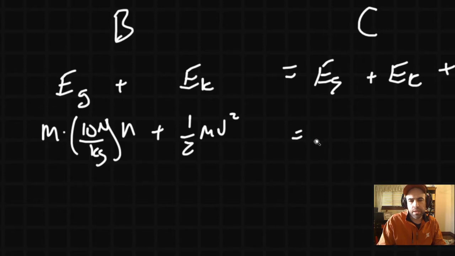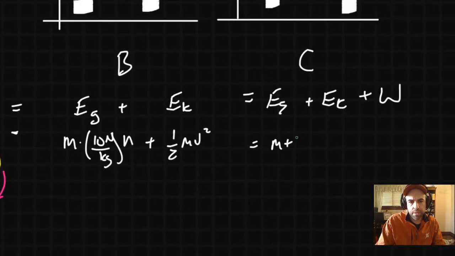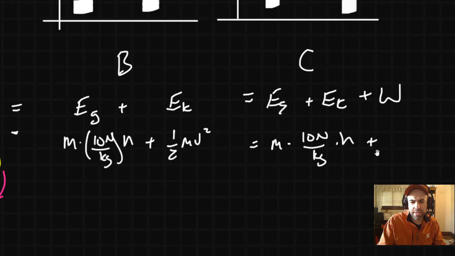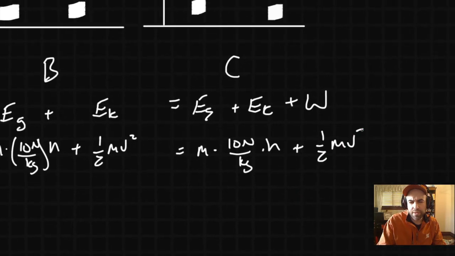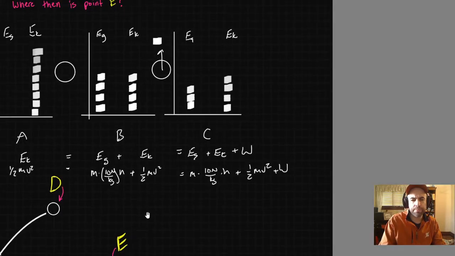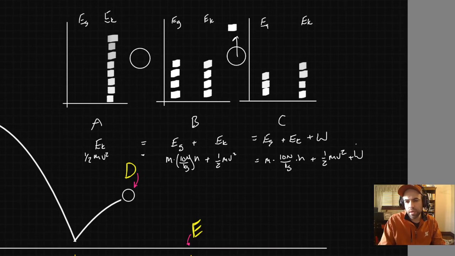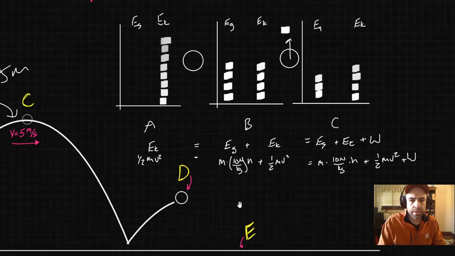And that'll be equal to mass times 10 newtons per kilogram times whatever height it gets to, plus 1/2 mv squared plus however much work is done. We don't know enough to figure that out yet, but we'll get there.